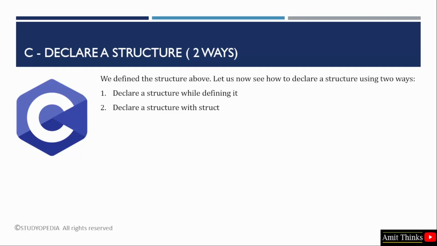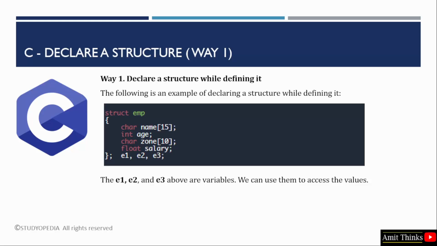We saw how to define a structure. Let us now see how to declare a structure. In C, you can use the following two methods to declare a structure. First, we will see how to declare a structure while defining it. Then we will declare a structure with the struct keyword. Let us see the first way. The first way is to declare a structure while defining it. So we just saw this example.